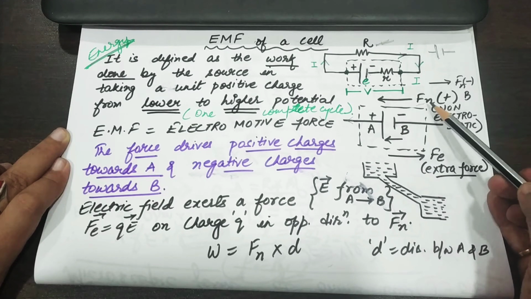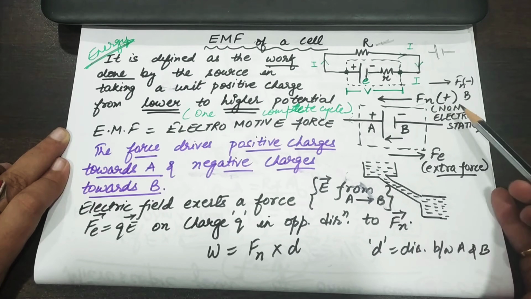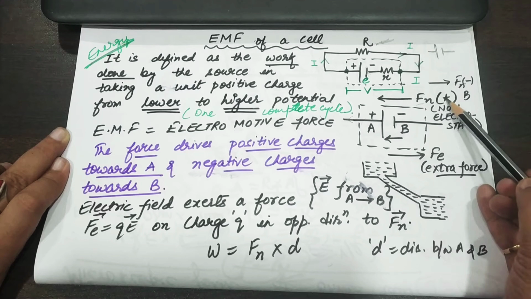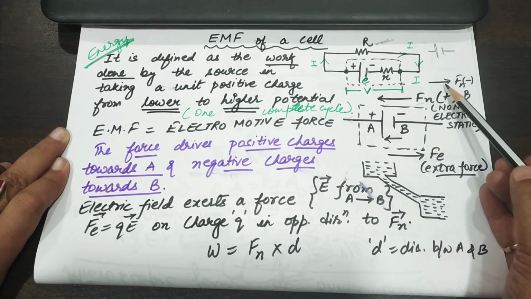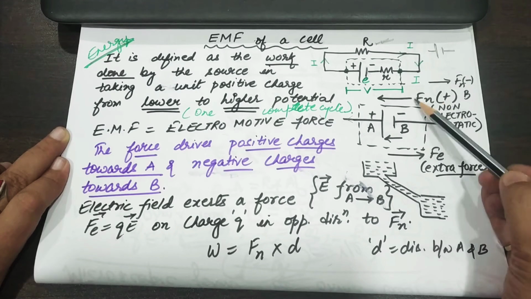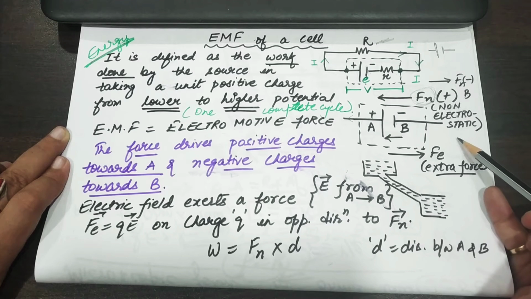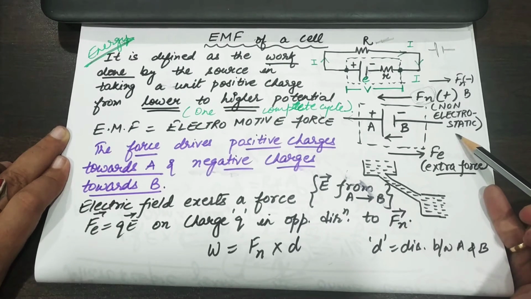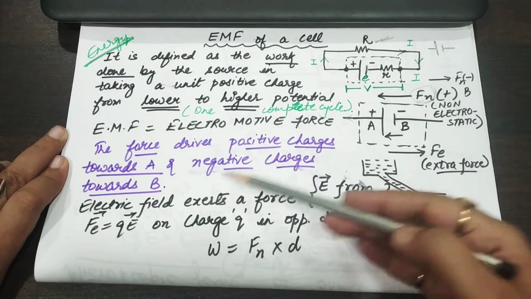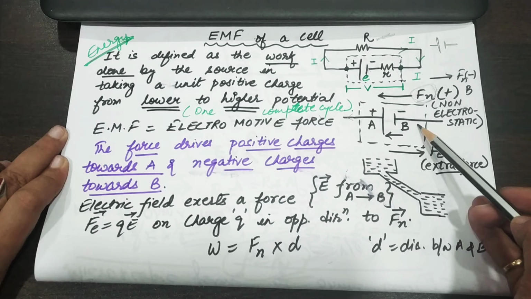Let us say this force, we denote by Fn, non-electrostatic origin, which will make all the positive charge move towards A and all the negative charge move towards B. It will not depend upon the nature of the charge. So the force drives positive charges towards A and negative charges towards B.